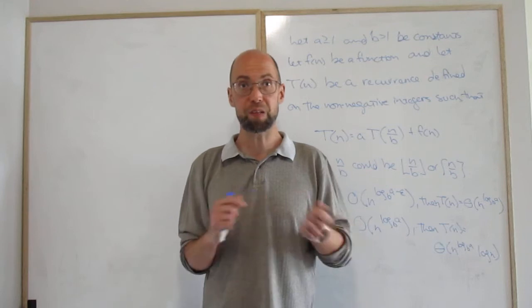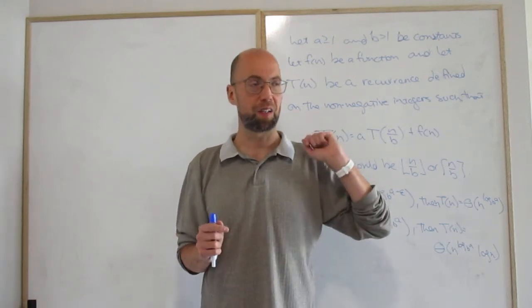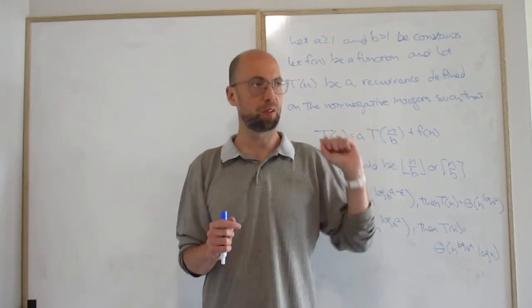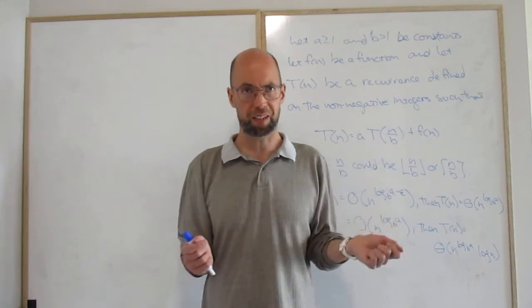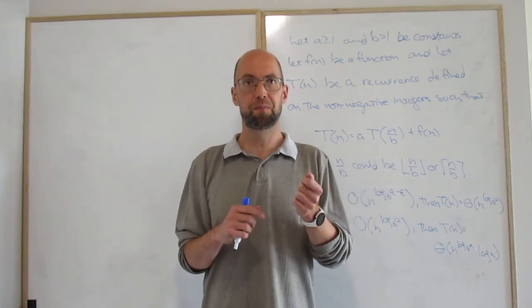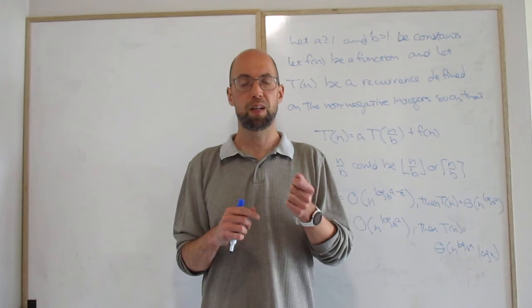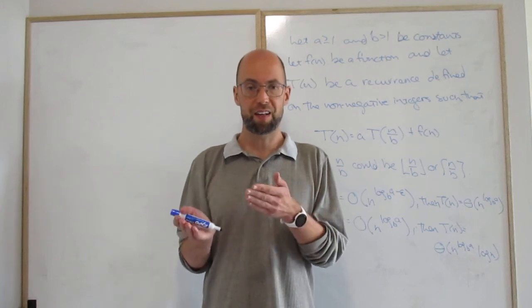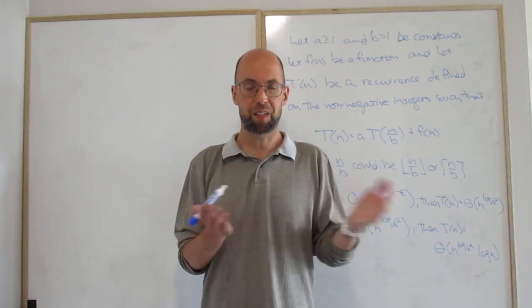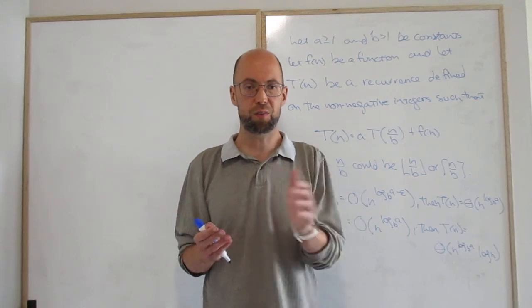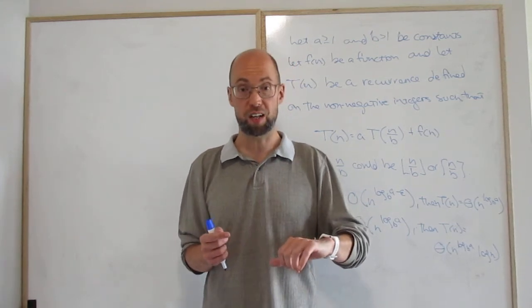So switching bases, as long as you don't go to base 1 or base less than 1, which doesn't make any sense usually, then it doesn't matter, and the constant coefficient is hidden in the asymptotic notation anyway.